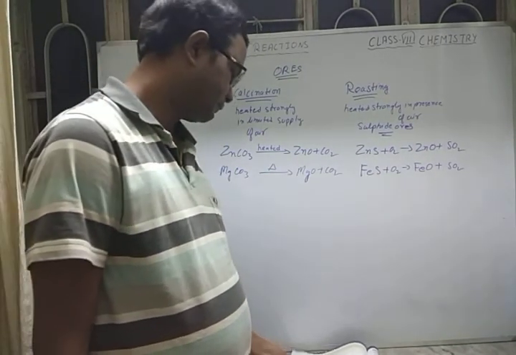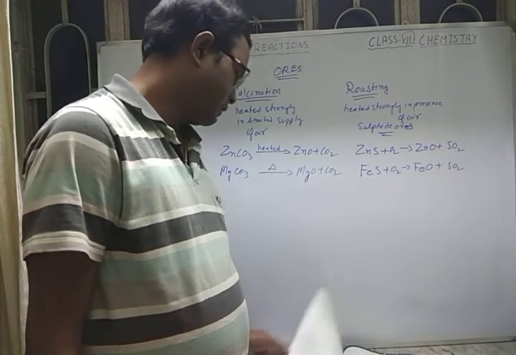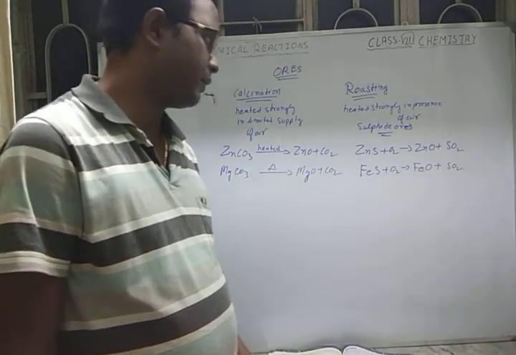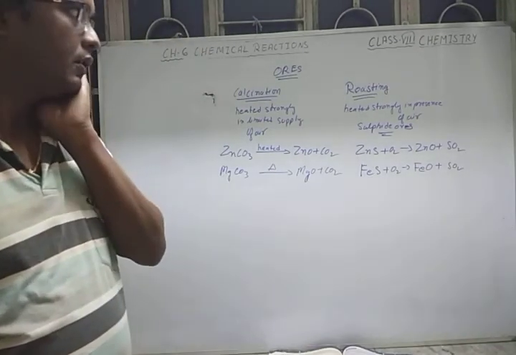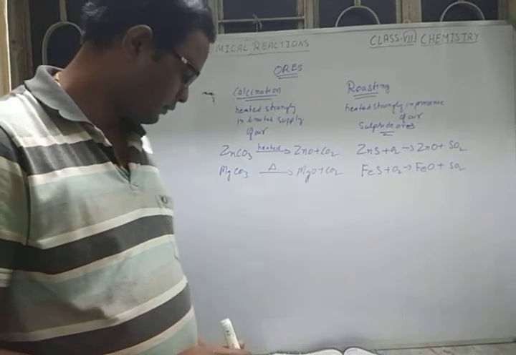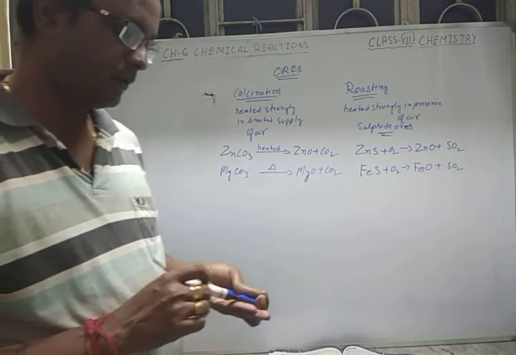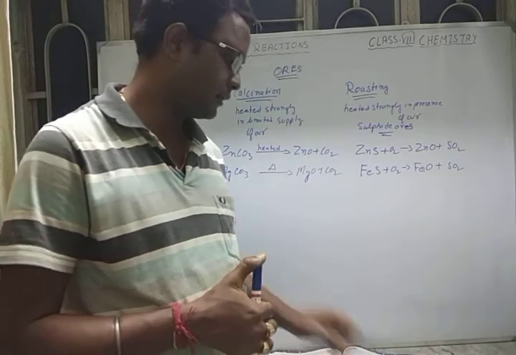So this is all about chapter number 6. Today we have completed this chapter. I hope you have all understood it. In the next video class we will continue with our new chapter, and we may also discuss the question answers of this exercise.